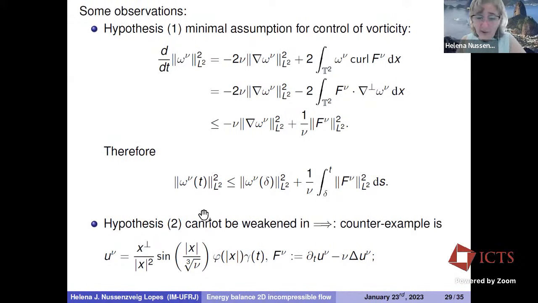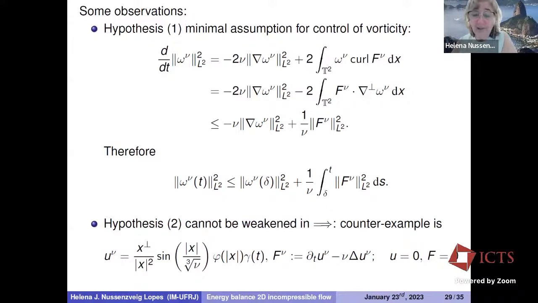And when you send nu to 0, U nu converges weakly to 0 because of this fast oscillation. And F nu will also converge weakly to 0. So we have that U equals 0, F equals 0 is a physically realizable weak solution, but F nu does not converge strongly to F. And this is not energy balanced.